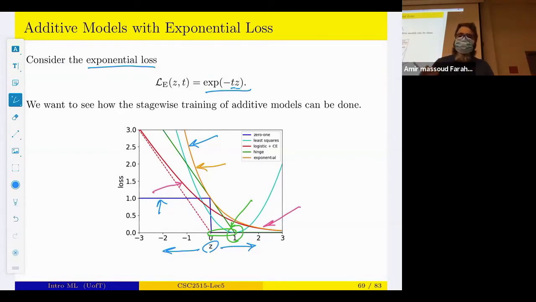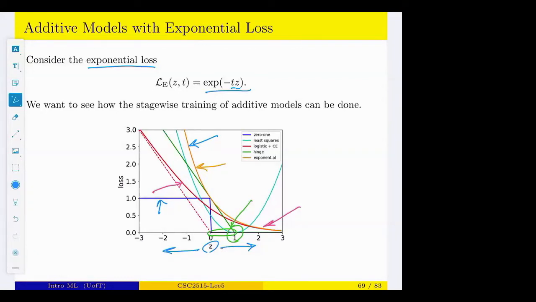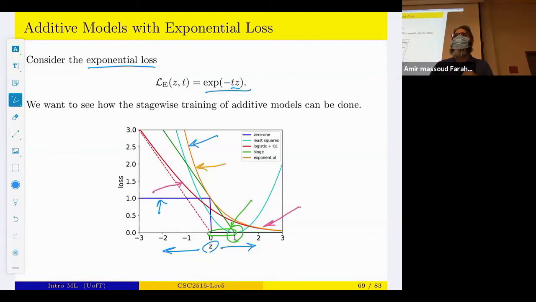But then afterwards, we have to show that doing this has some nice properties. If we do this, does it lead to a classifier that has the properties that we want? For example, has minimum or small 0-1 loss, because that's what eventually we want. If you recall, we started with 0-1 loss, but optimizing it was difficult. If we do exponential loss, is the optimization easy or not? It turns out, yes, for some cases it would be easy, and then it might have some nice properties.